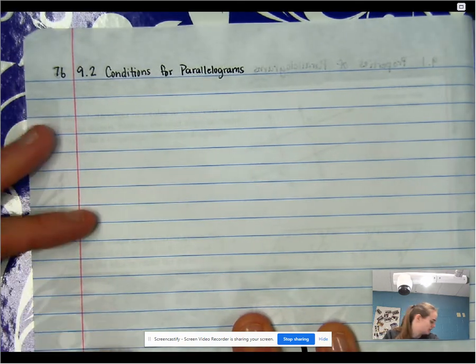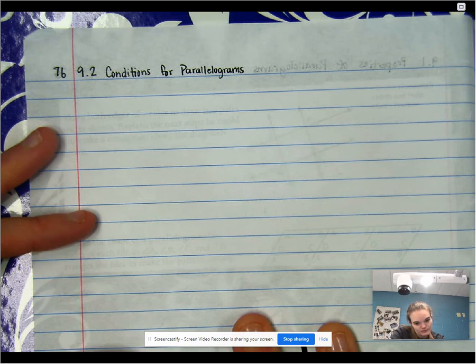So we're going to write something down. This you have seen, but there are a number of ways to prove that a quadrilateral is a parallelogram.